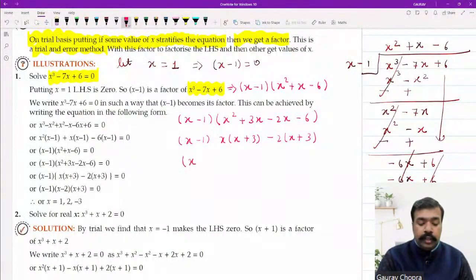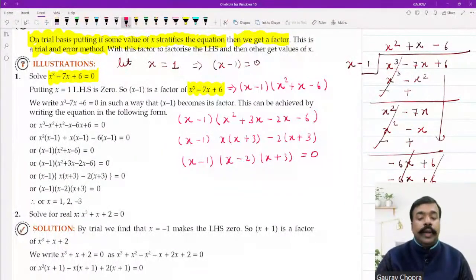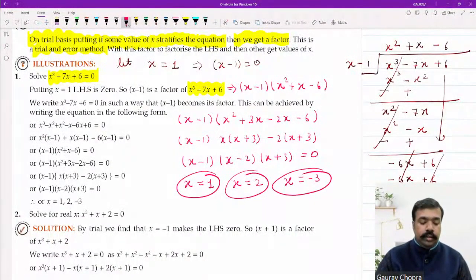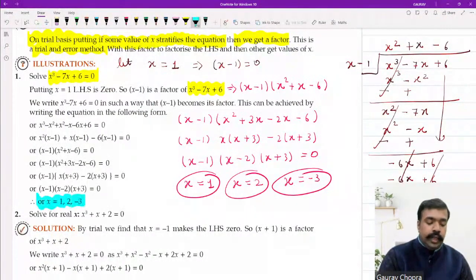So overall, the factors will be x minus 1, x minus 2, and x plus 3. Now we can equate them with 0. So x becomes equal to 1, secondly x becomes equal to 2, and thirdly x becomes equal to minus 3. So these are the 3 values of x.